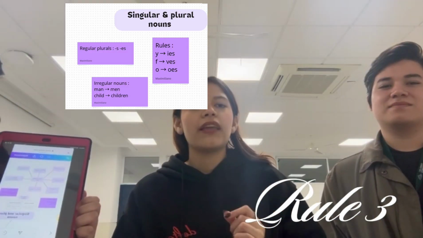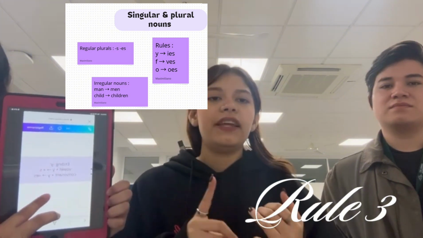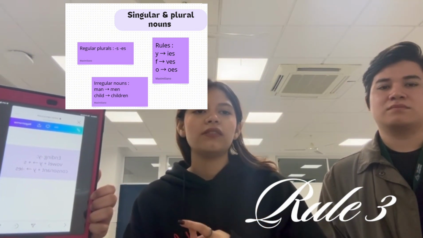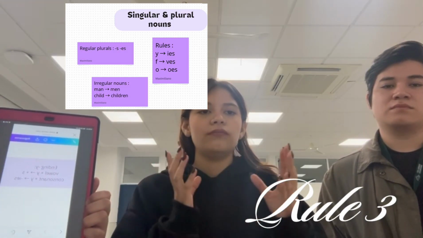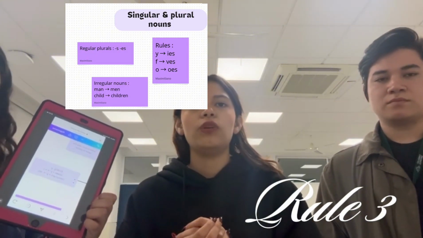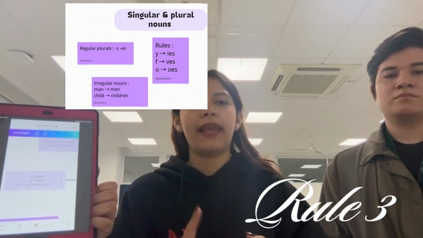Rule 3, words ending in y. There are two situations. If there is a consonant plus y, change the y to ies, like city to cities. Or if there is a vowel, we just add an s, like case.